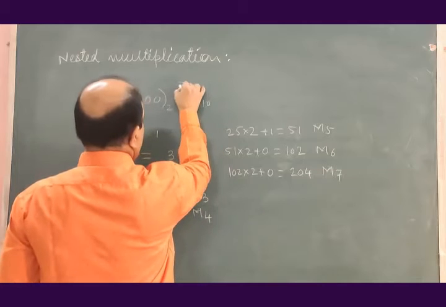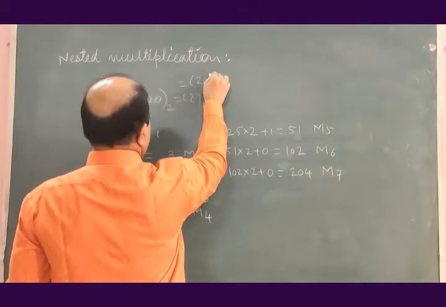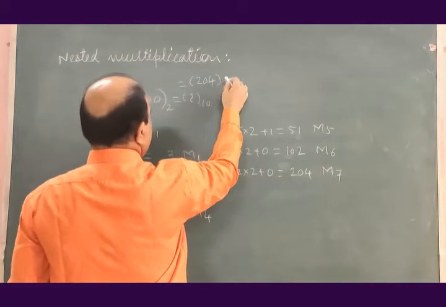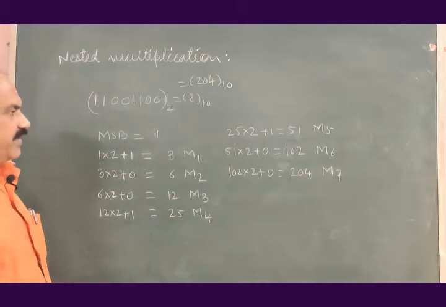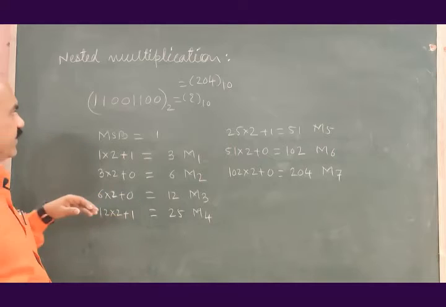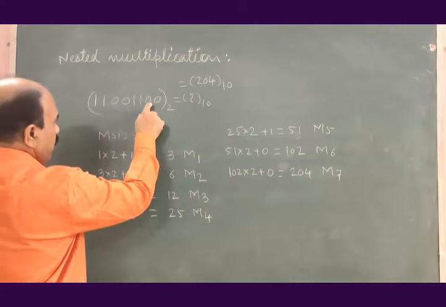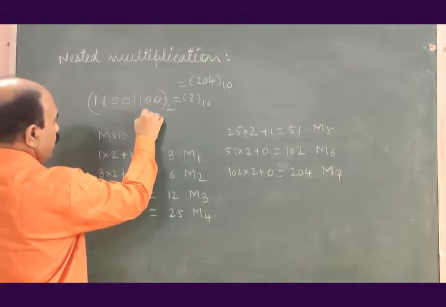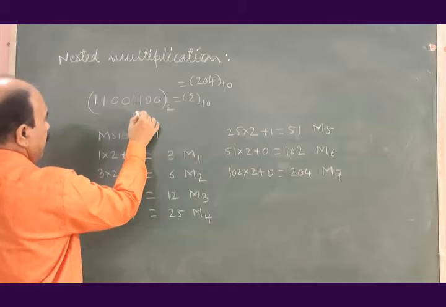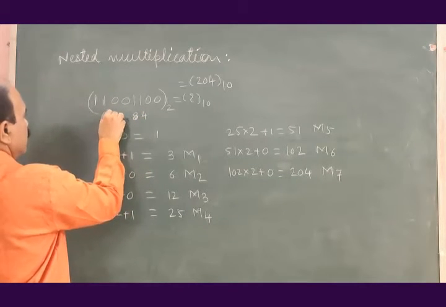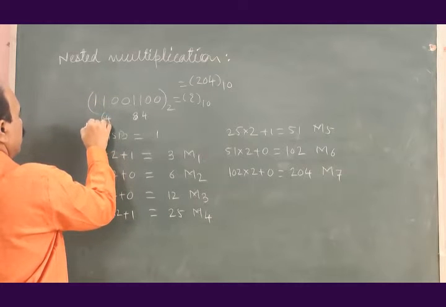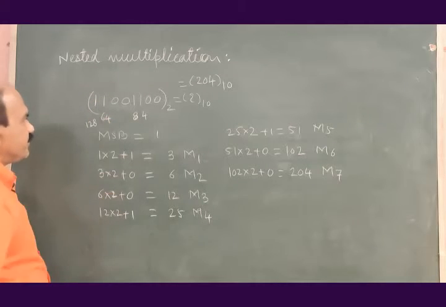And answer of this is simply 204 in decimal. You can verify this. 1, 2, 4, 8, 16, 32, 64, 128.